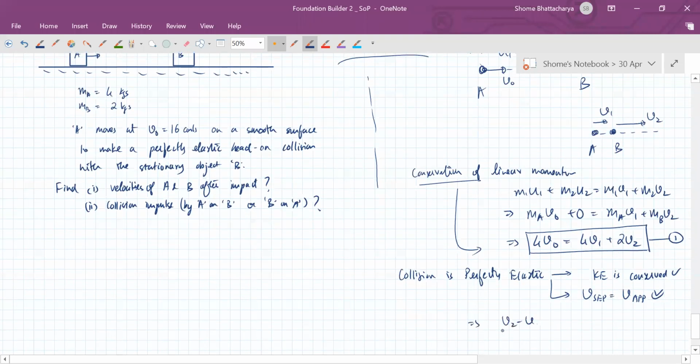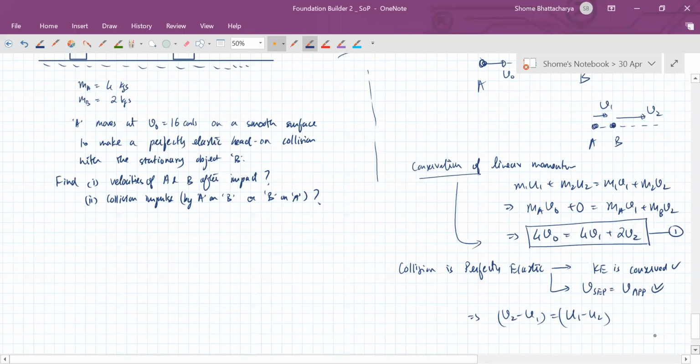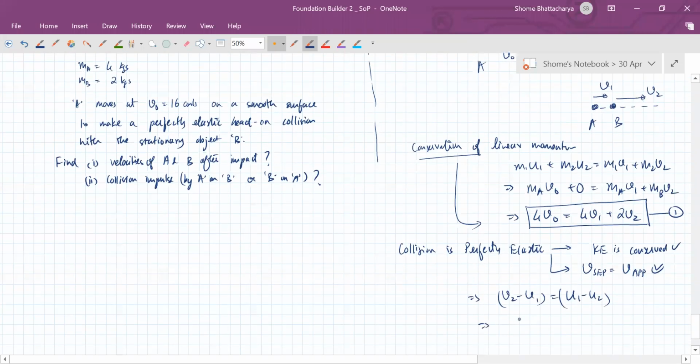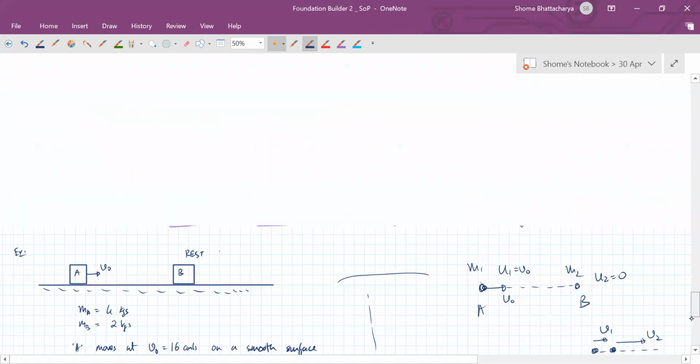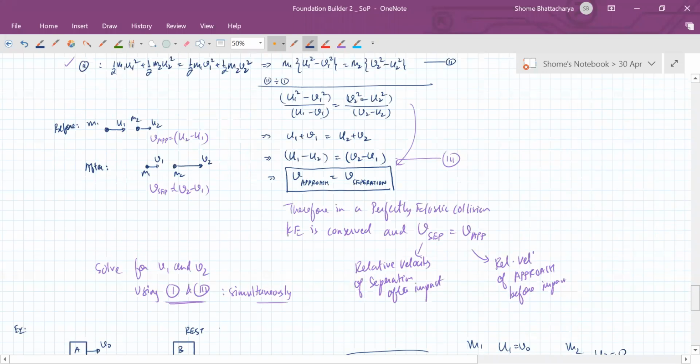V2 minus V1, that should be equal to approach velocity, which is U1 minus U2. So in this particular case, that separation velocity V2 minus V1 should be equal to approach velocity, which will be V0, and this one is 0. So we have the relation that V2 minus V1 is V0, which was how much? I had given it as 16 centimeters per second.